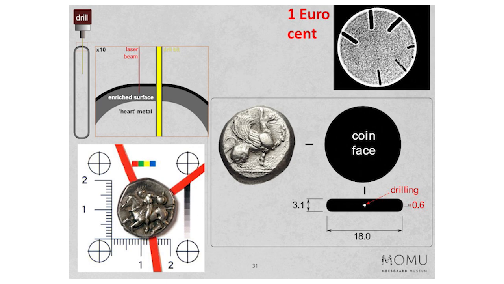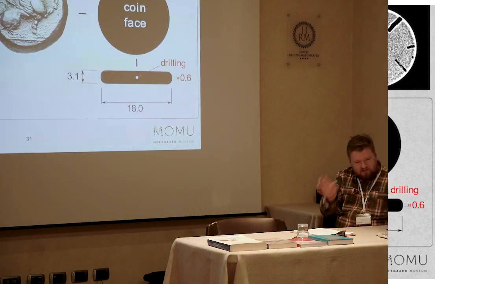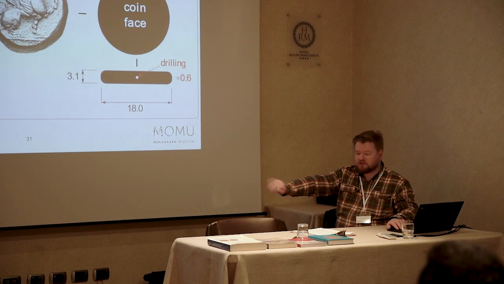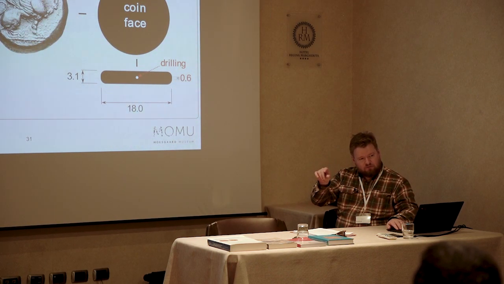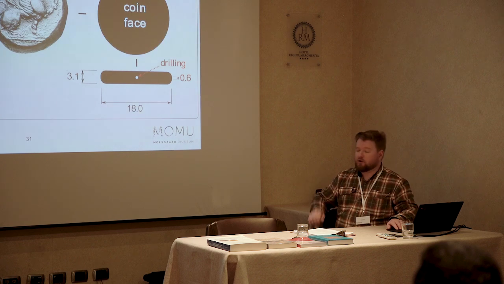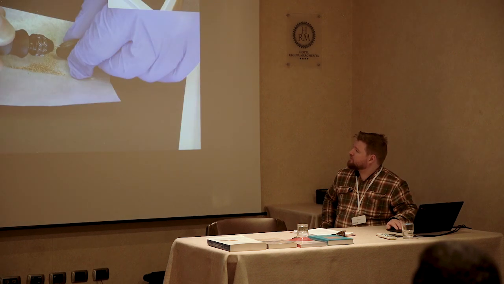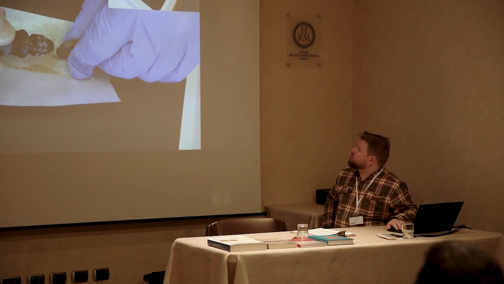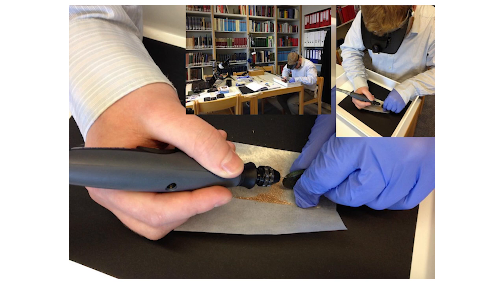I'm happy to share. Marco's seen it before, but this is our ideal method where we can discard a little bit of the surface. That can be saved for conservators, but then we can retrieve clean metal from the core. And this is drilling a coin. This is a bronze one. And we collect these turnings, these drillings.